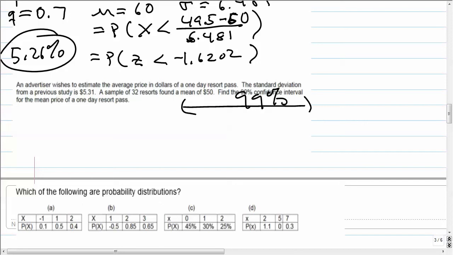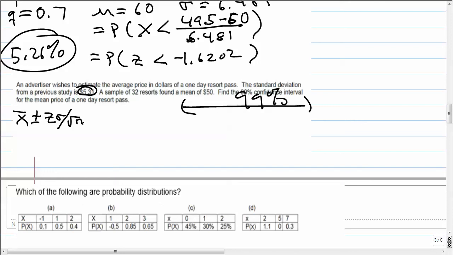Now, since we have a sample of 32, we can use the confidence interval formula, x bar plus or minus z. We have the population standard deviation. Okay, this is one that's really not that clear about, but we do have the population standard deviation of 5.131, and so this is why we can use this formula here.